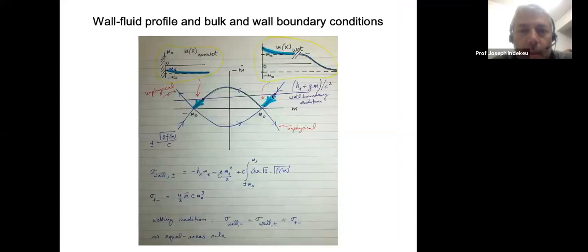Okay. So the sigma wall minus would be the surface free energy of this profile here. And the sigma wall plus would just be the surface free energy of this profile here and nothing else. So not including the extra interface. But the wetting transition occurs when the sigma wall minus equals the sum of the sigma wall plus and the sigma plus minus.